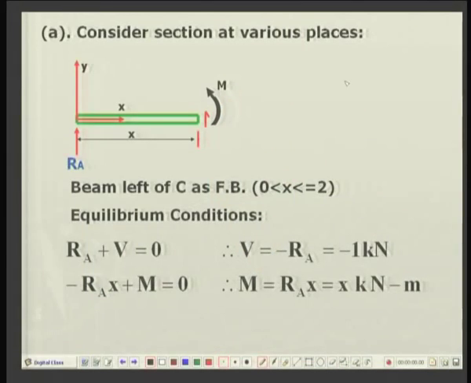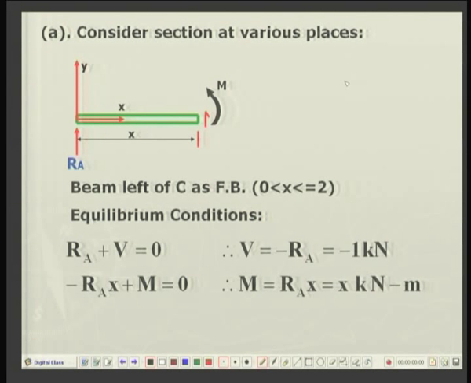Let us do that. First section anywhere between 0 to 2. Consider the section between x equal to 0 or slightly more than 0, because there is a singularity here, and x equal to 2 or less than 2. So, in the first section, let us note down all the forces.